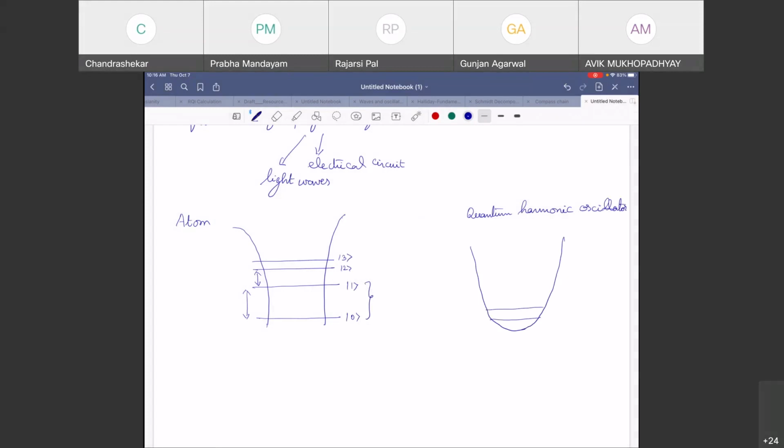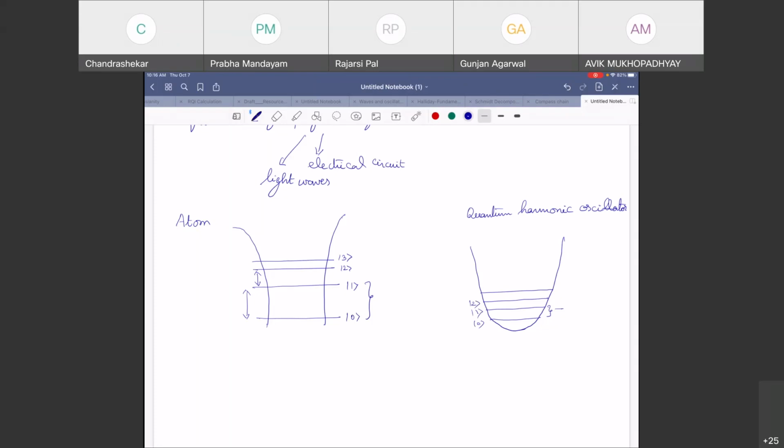You will always have equally spaced levels. What happens when you have equally spaced levels is that the energy gap between 0 and 1 is the same as the one between 1 and 2. So you cannot isolate two levels and use them as a qubit. The involvement from the other levels is always present.